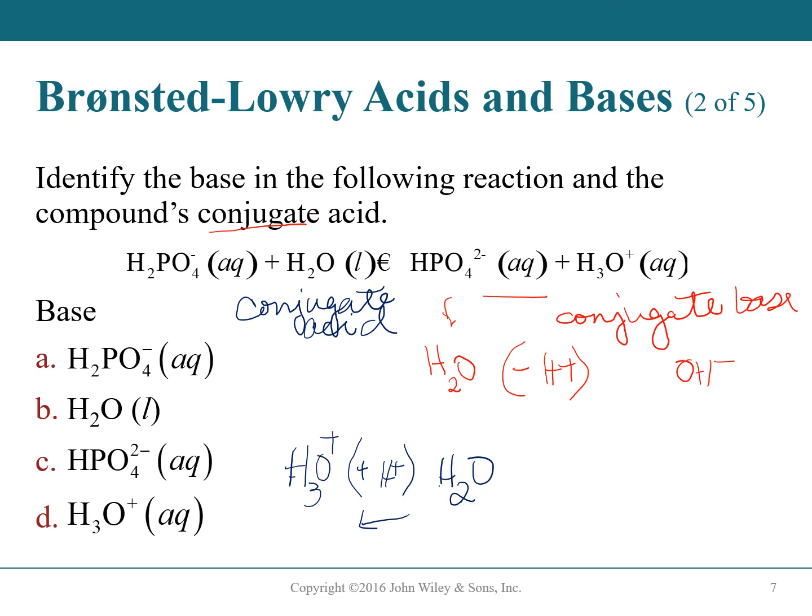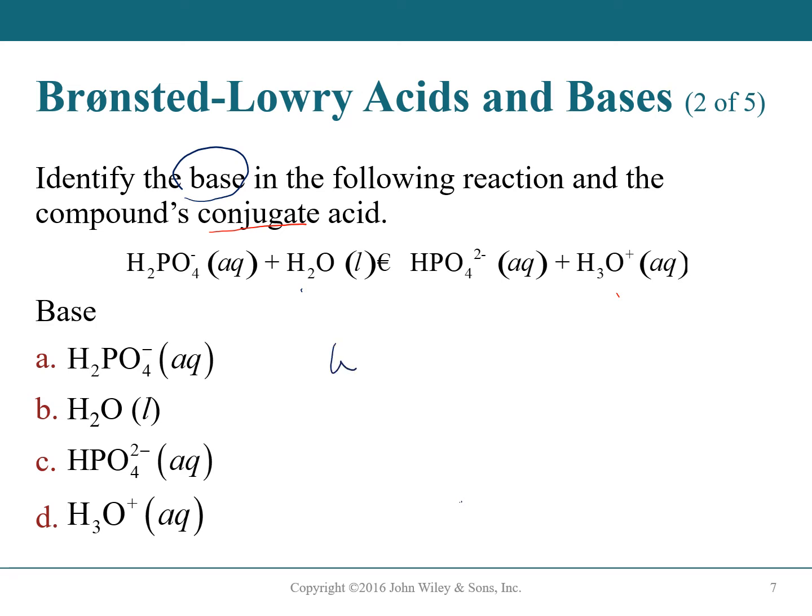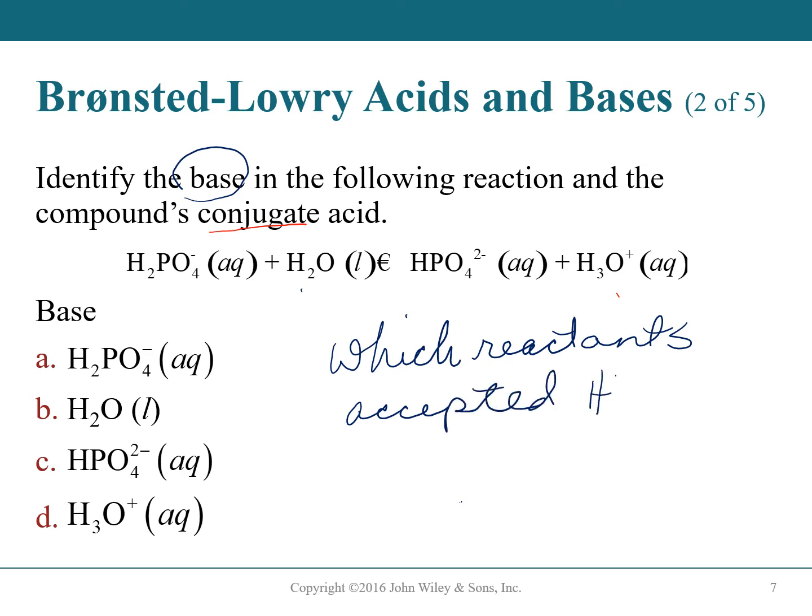Given that I'm looking to identify the base and the conjugate acid, the base here is which substance accepted a proton. When I ask this, I'm saying which of my reactants, because I want the base, not the conjugate, accepted H+?